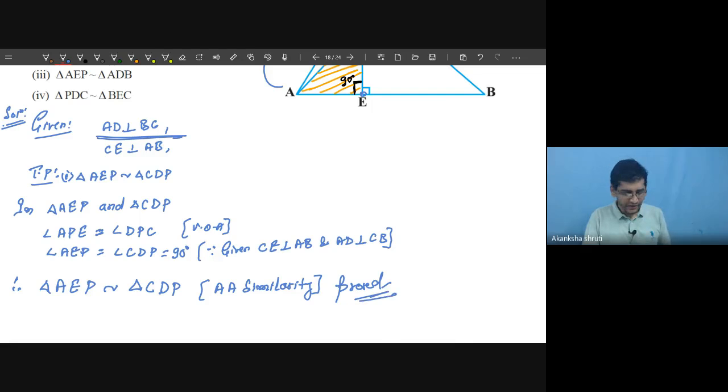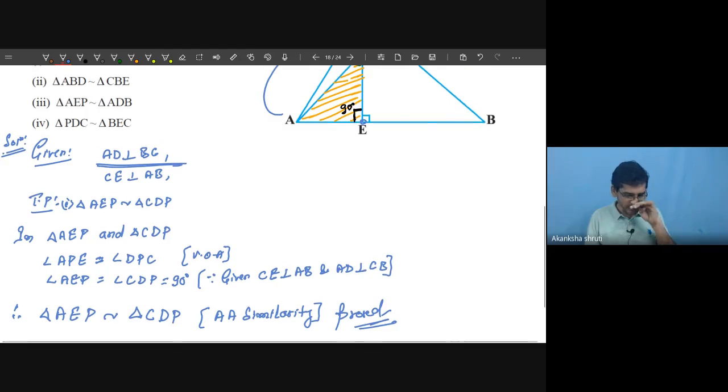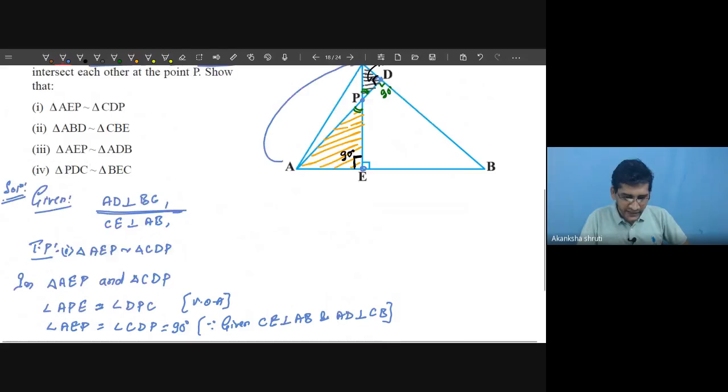So questions are very simple. Questions are not difficult, but unless you practice, it becomes difficult. Student, when these two triangles are similar, then what ratios can I write?